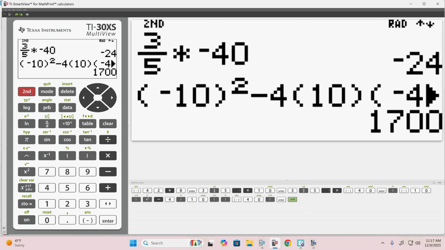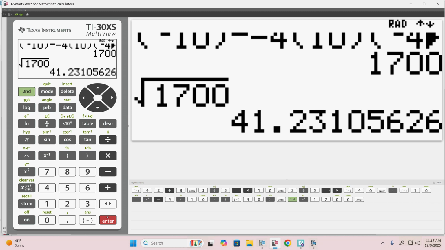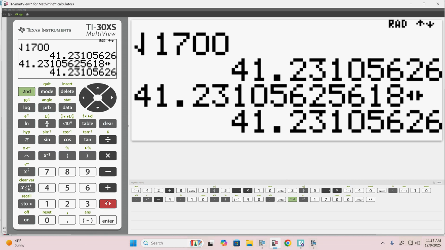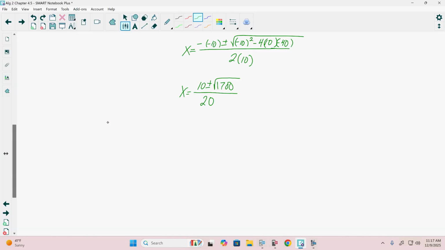Now the 1,700 is positive, so I don't have to worry about imaginary numbers. But it's telling us it's 41.23105, so we'll have to do it a little bit by hand. But I will tell you this, it is 10 square root of 17, because 100 times 17 is 1,700.